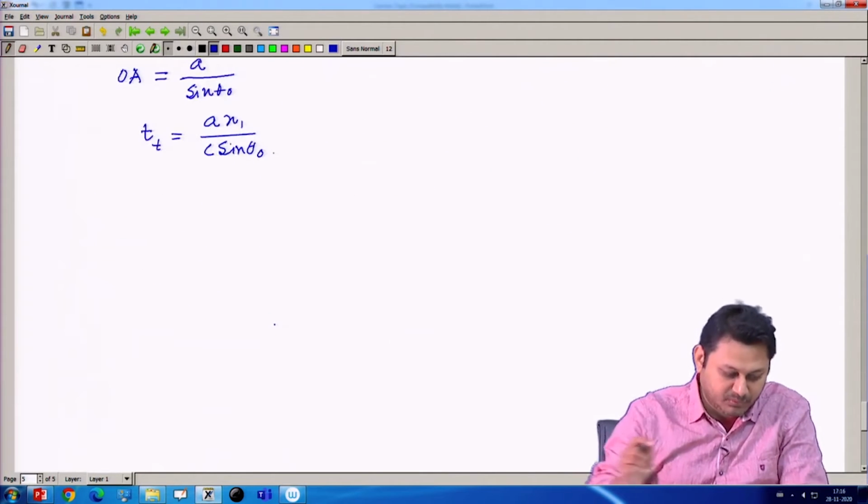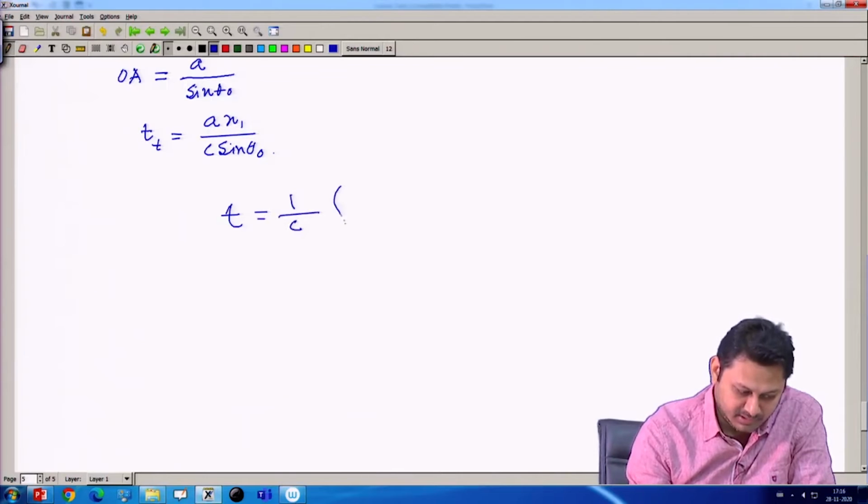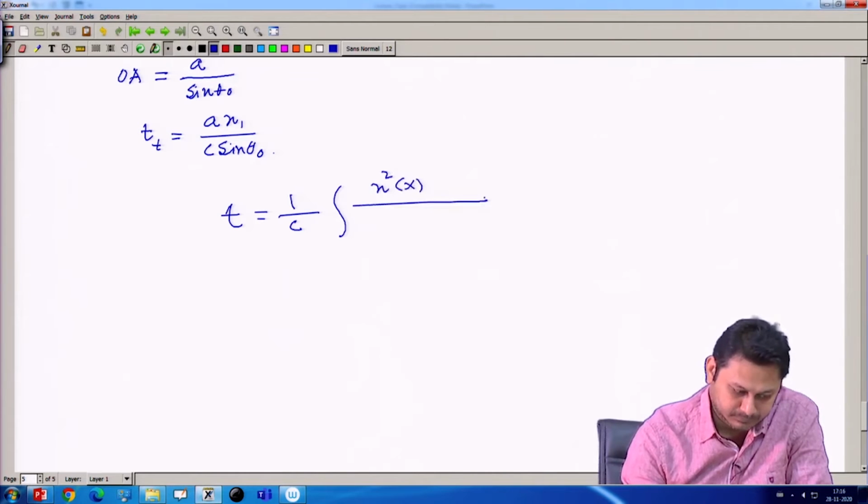Now, we are going to test whether my expression will give the same result or not. The general expression suggests it is n square x minus beta tilde square whole to the power half dx.